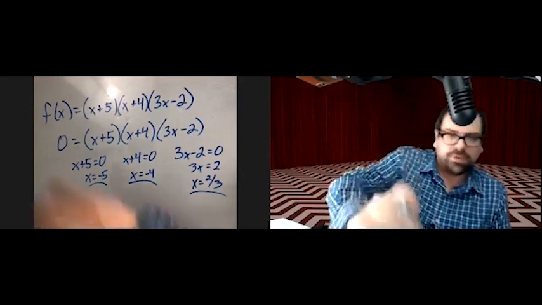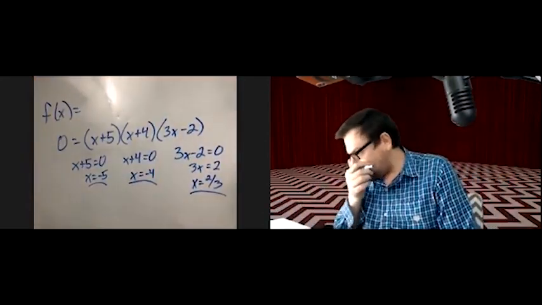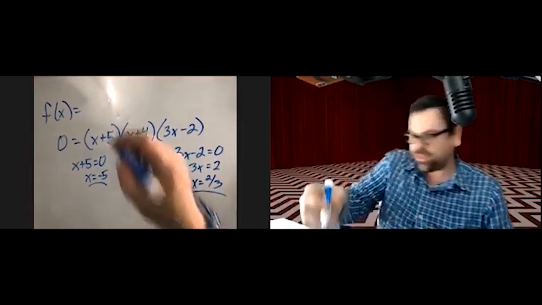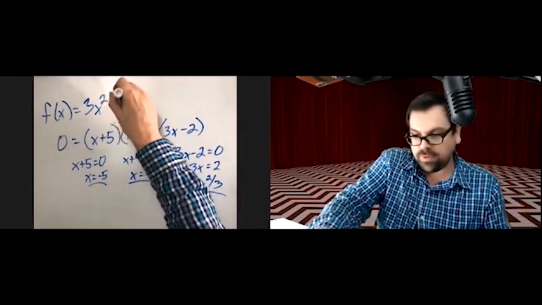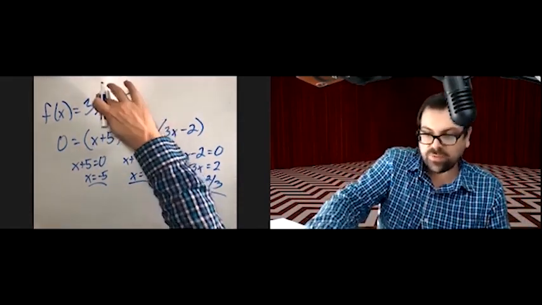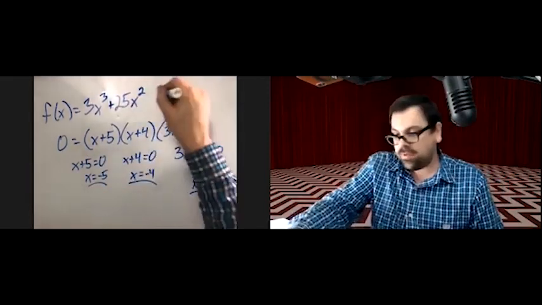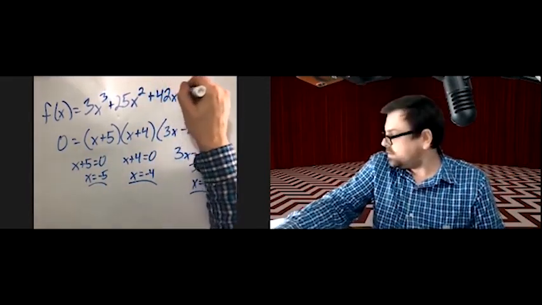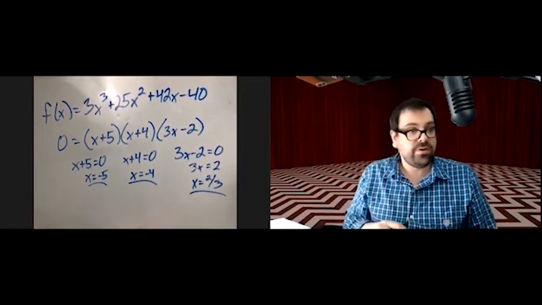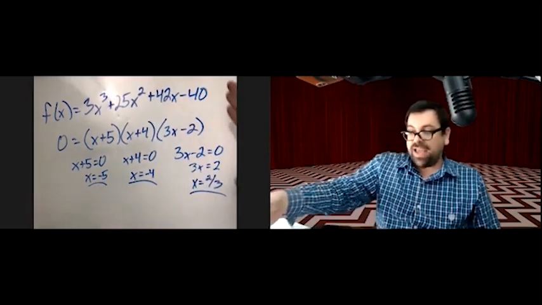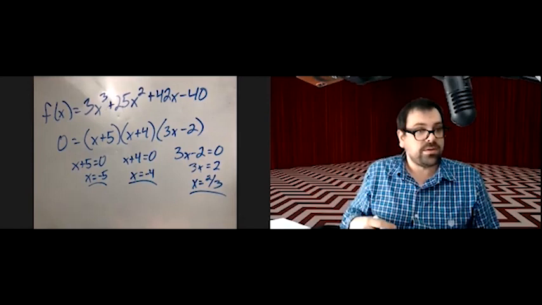So if our problem was graph f of x equals 3x cubed plus 25x squared plus 42x minus 40, well, putting it in factored form is going to give us our zeros, our x-intercepts.